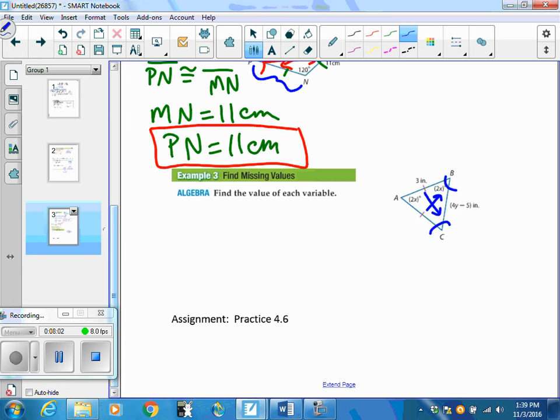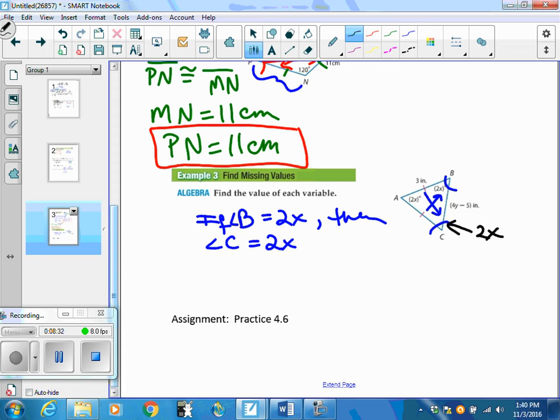So that means that if angle B is equal to 2x, then angle C has to be equal to 2x.